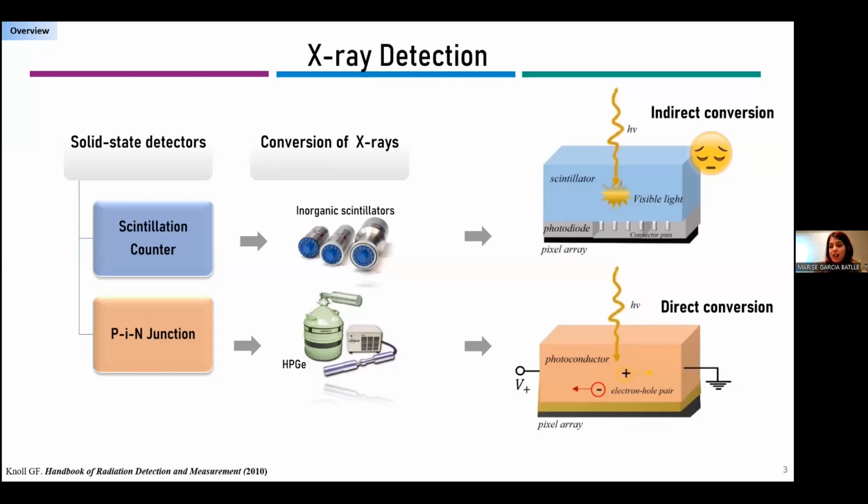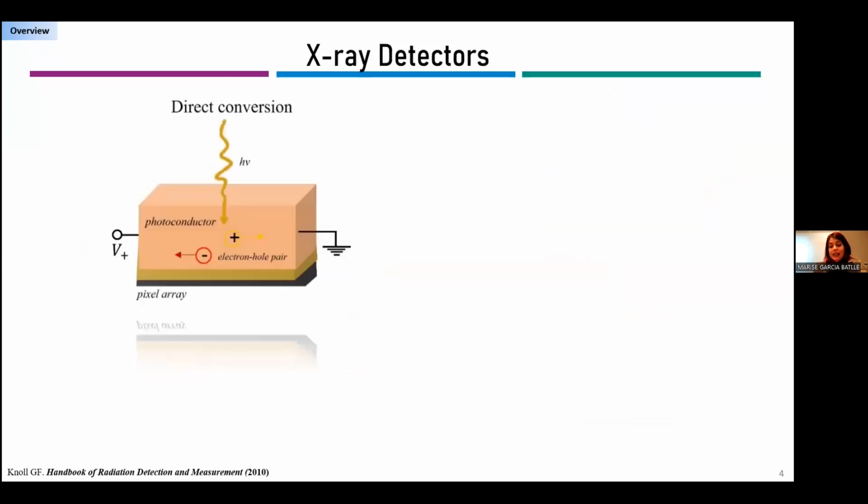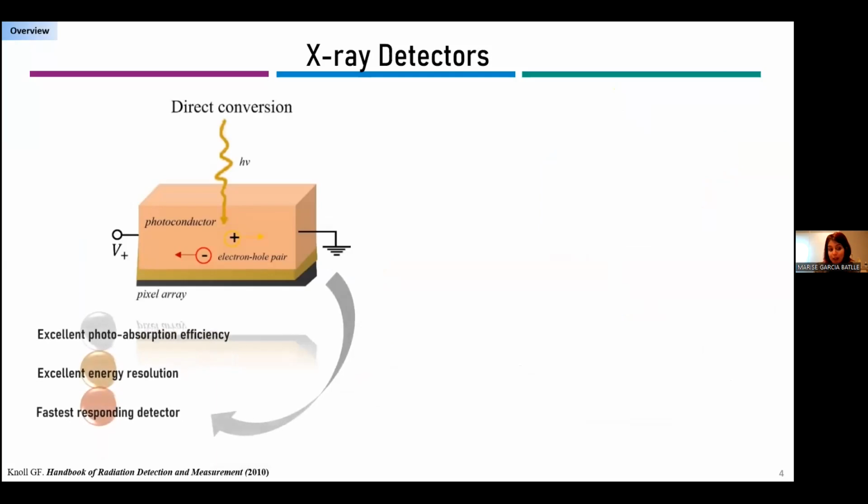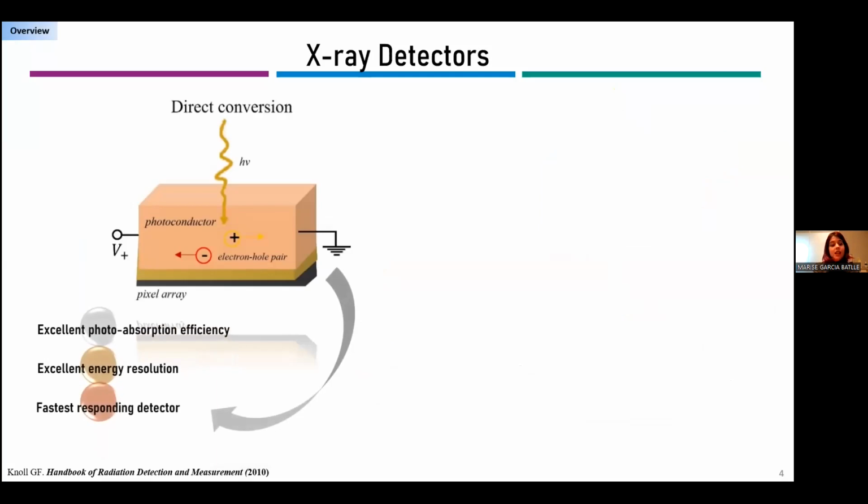This trade-off between the sensitivity and the resolution of the device is one of the disadvantages of indirect conversion or scintillator materials. On the other hand, we have direct conversion in semiconductor materials, which present excellent photoabsorption efficiency, good energy resolution, and are among the fastest responding detectors in the market.